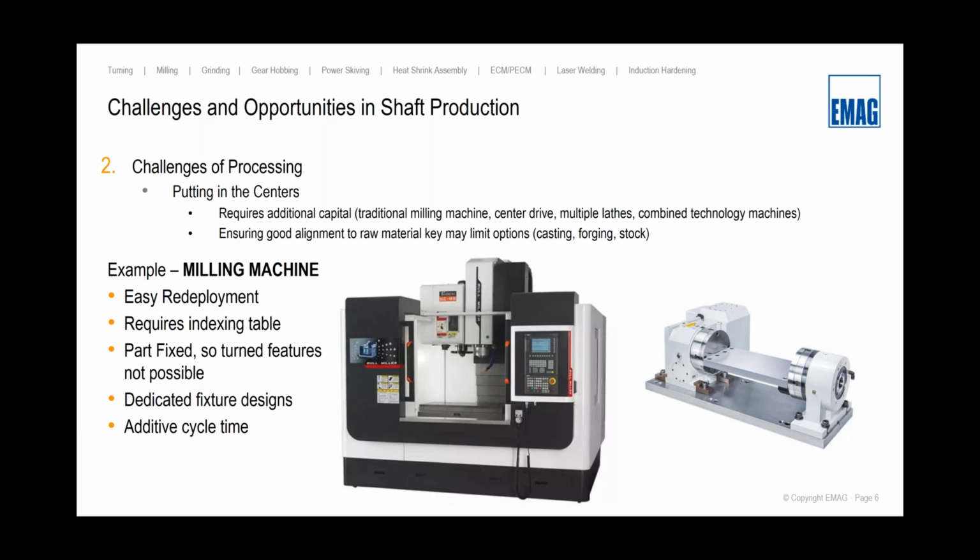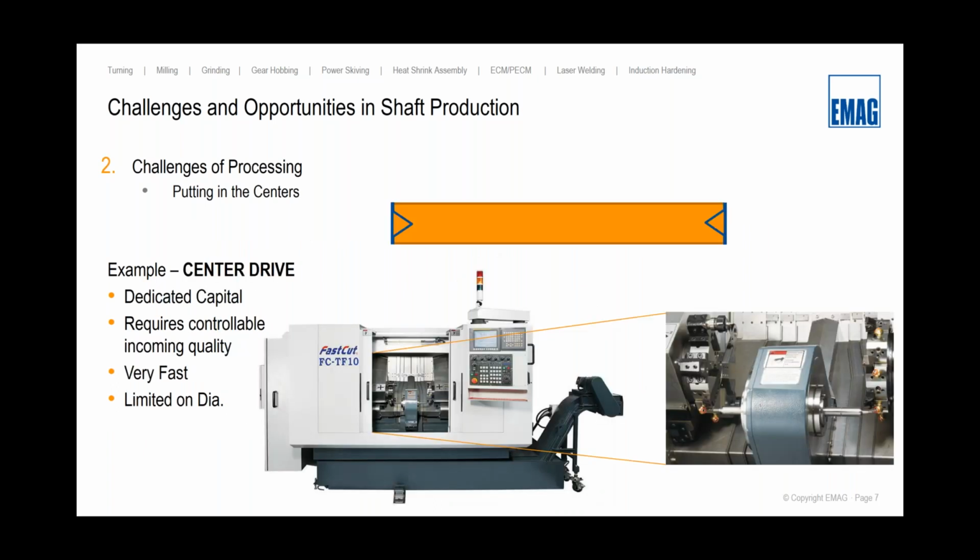Depending on what that shop is looking like, what the environment is, what the batch sizes are, this might be the perfectly adequate solution. Nothing wrong with going with the milling machine, and in the big scheme of things, a rather inexpensive solution.